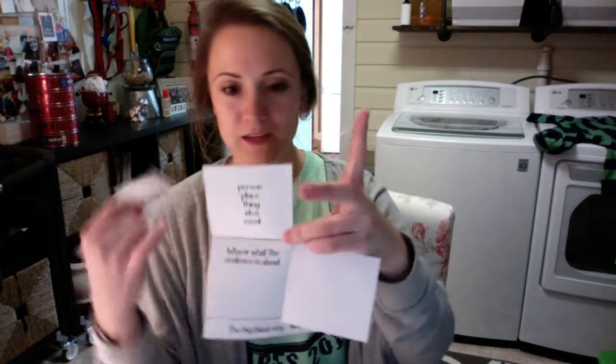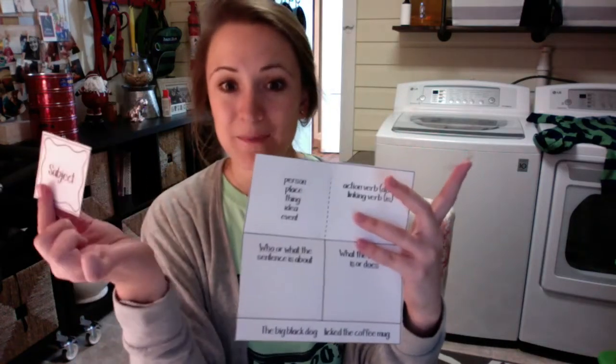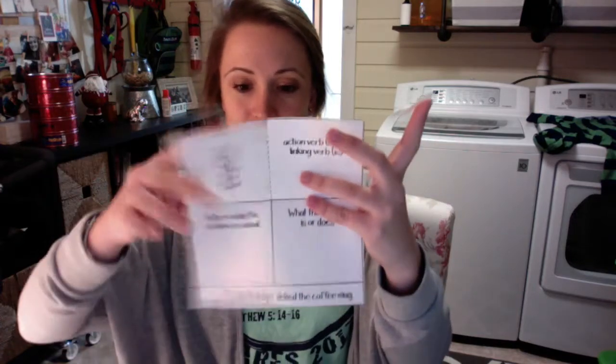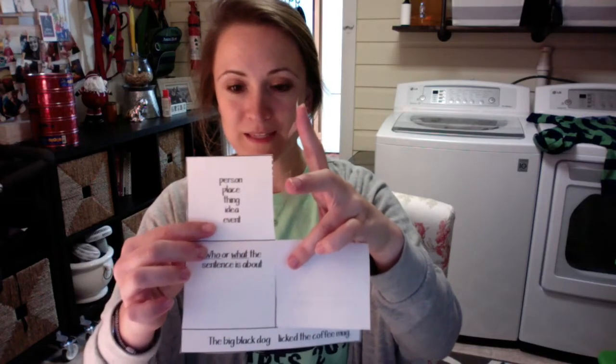All right, take your card that says subject. Subject is a person, place, thing, idea, or event. It is who or what the sentence is about. So I'm going to open up both of these flaps. We are going to be taping subject onto the back of this flap. So this is the flap where you have person, place, thing, or idea.